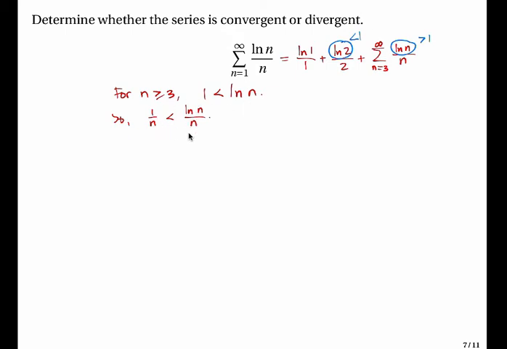And we need this because we know that the series 1 over n from 1 up to plus infinity, or let us start with 3 here, the series from n equals 3 to plus infinity of 1 over n, is divergent.